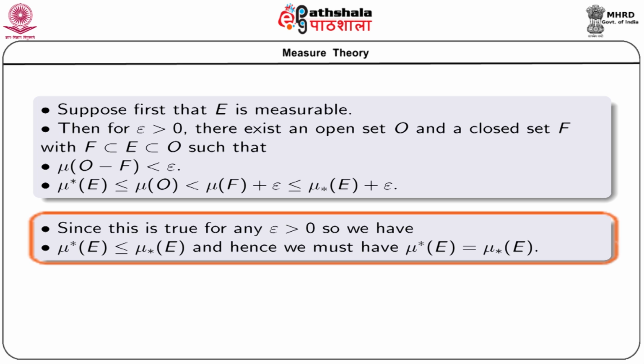So, we must have the inner measure equal to the outer measure, that is mu upper star E equal to mu lower star E. So, the condition is necessary. Now, we will show that the condition is also sufficient.